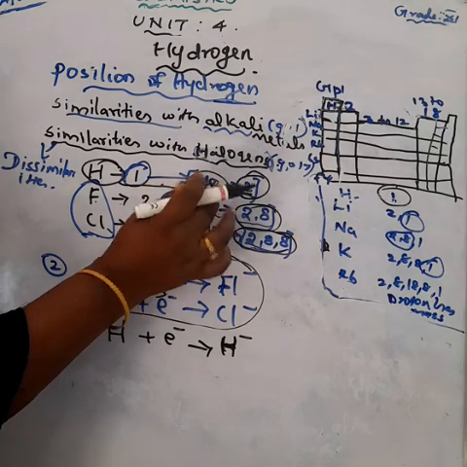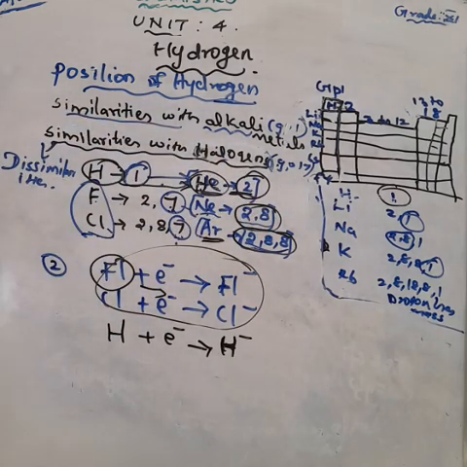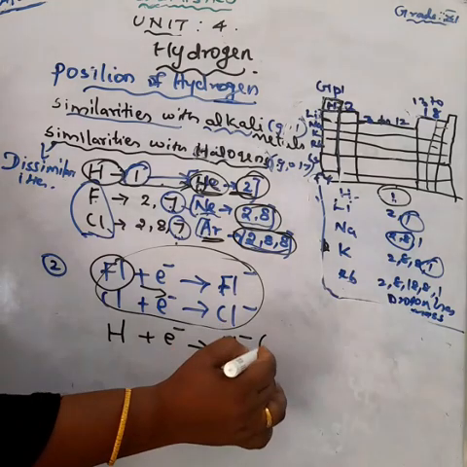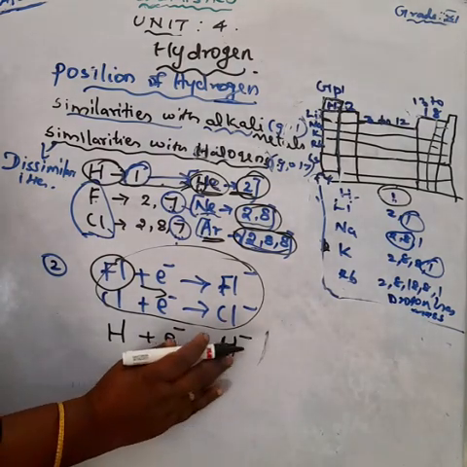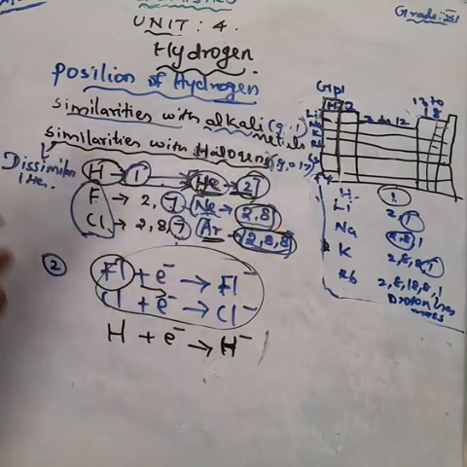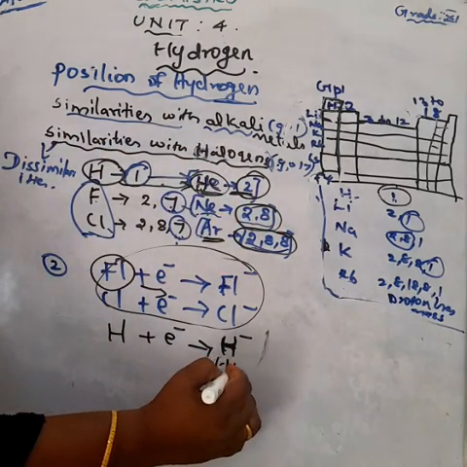Like the formation of halides from halogens, hydrogen has a tendency to gain one electron to form the hydride ion, H minus.